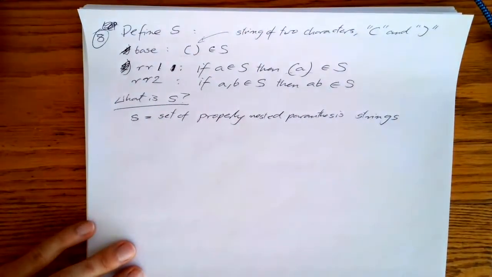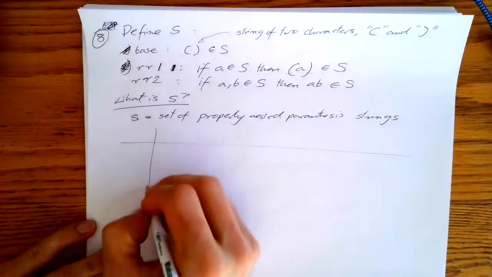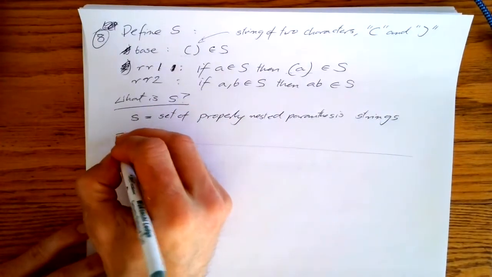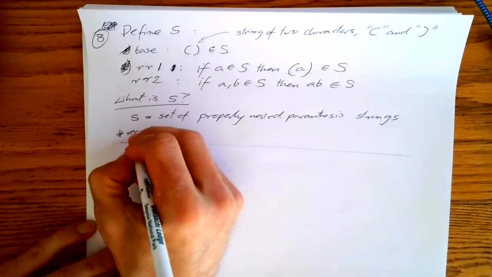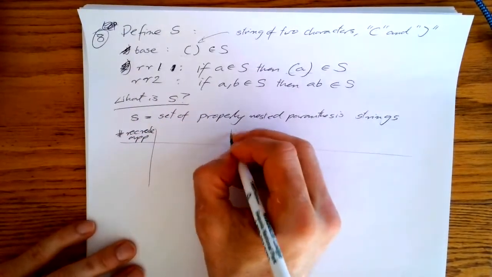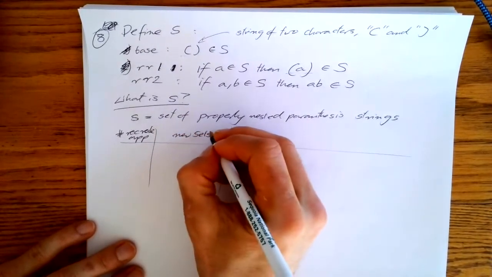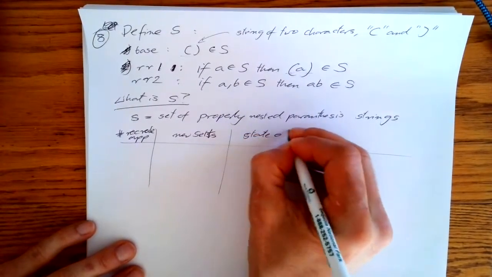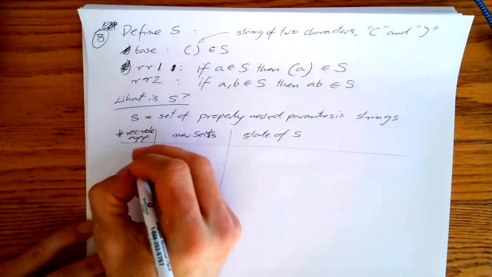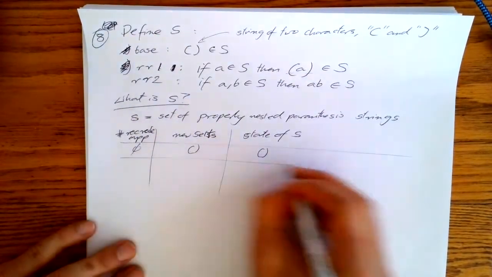So this is the standard thing: how many times do I use the recursive rule, and what new S elements do I get? A new S element and the state of S. So at the beginning, I have this thing, so this thing is in S.